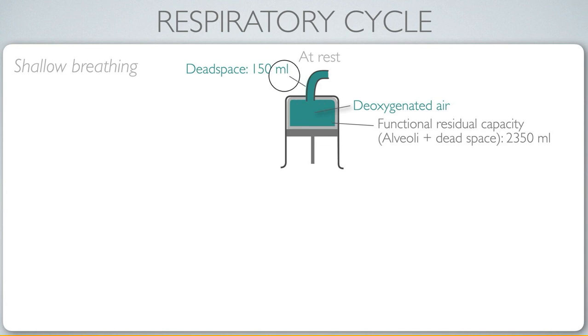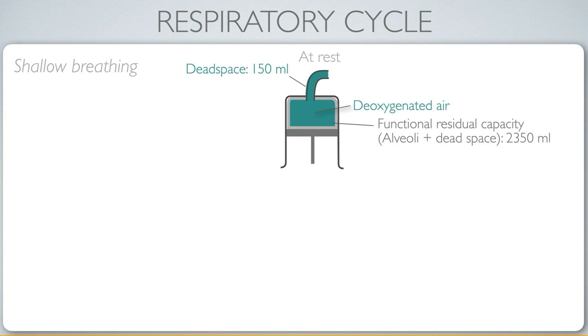Now, if we add up the dead space to all that space there, then we have what's called the functional residual capacity. So the functional residual capacity you can think of as all of the air that's in your respiratory system, that's alveoli and dead space, before you inspire air on a breath, or this would be the same at the end of expiration.